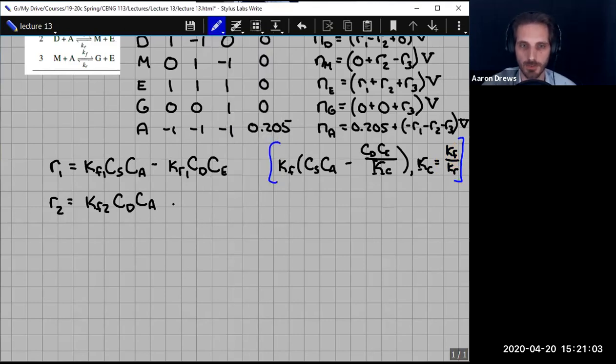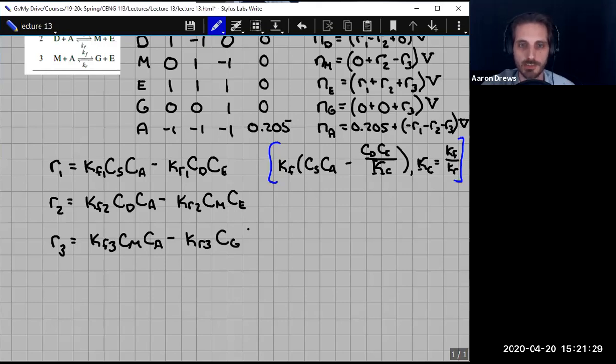I'm not accustomed to writing it that way, so I don't do that math a lot. So minus KR2, C sub M, C sub E. And finally, R sub 3 is K sub F3, C sub M, C sub A, minus KR3, C sub G, C sub E.